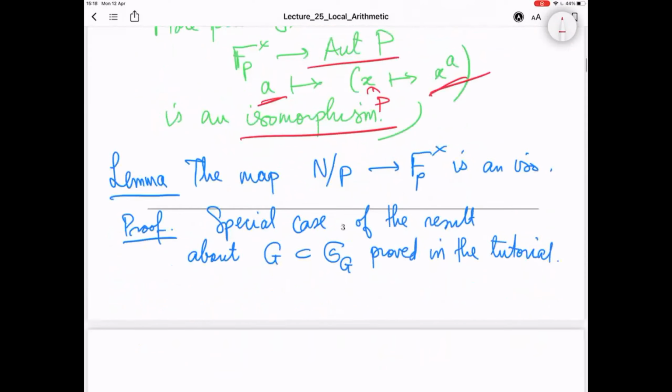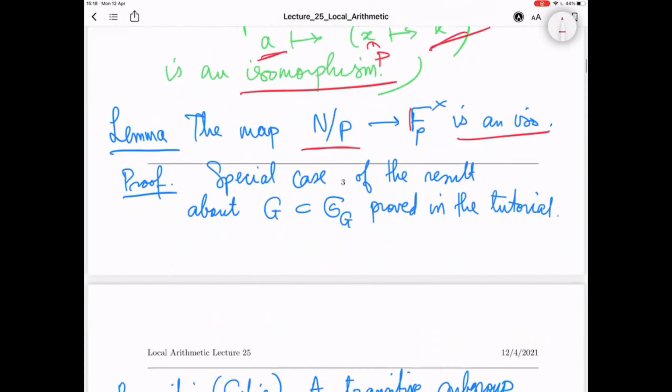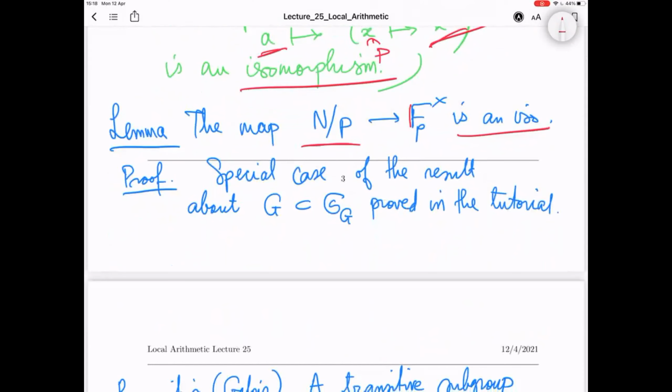Okay, so the first lemma says that N modulo P to FP star is an isomorphism. This is a special case of the result which was proved for a general finite group G in the tutorial, right?